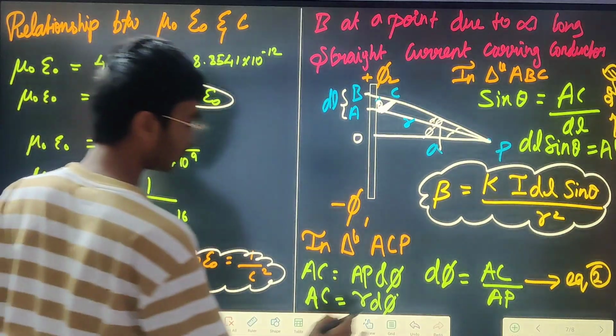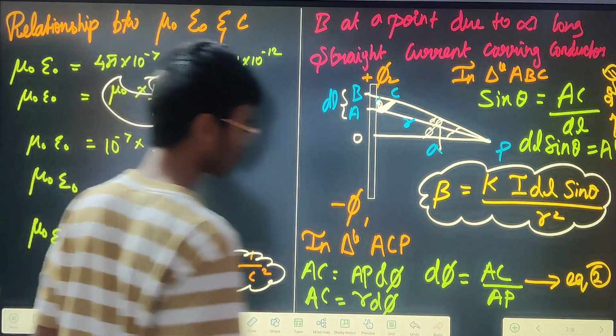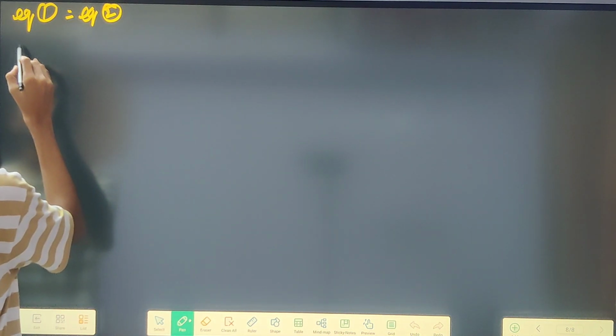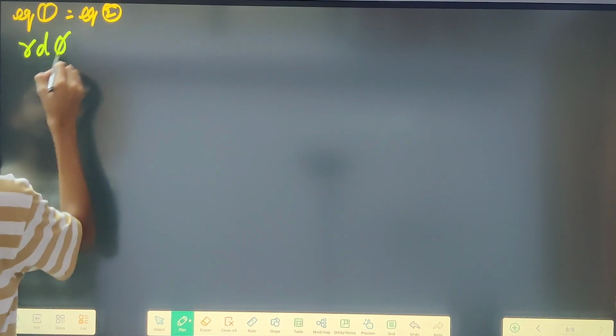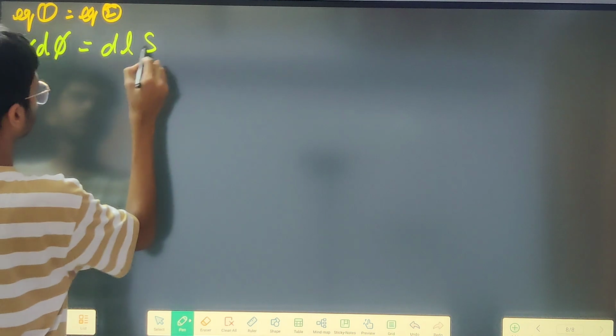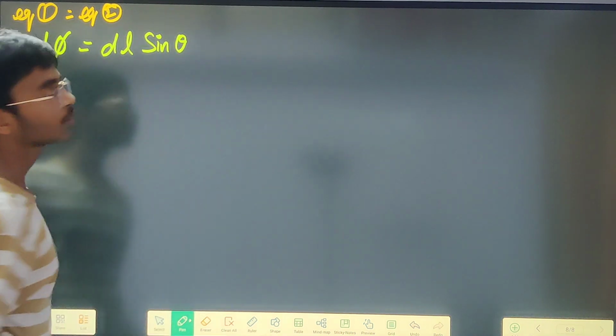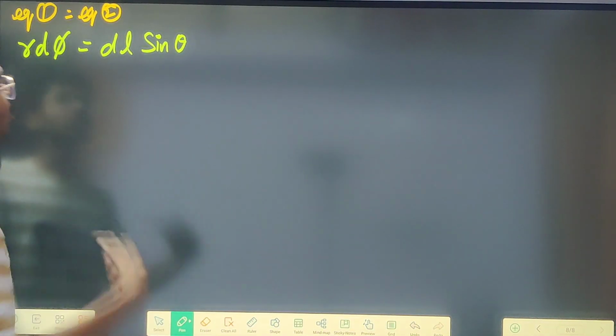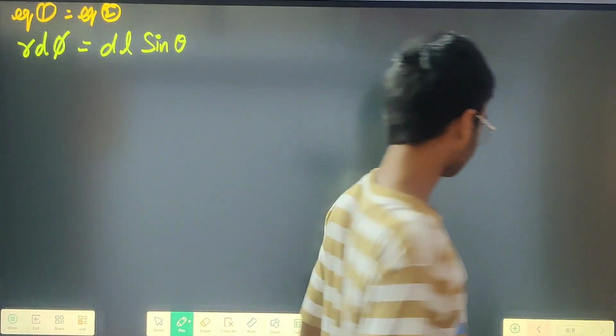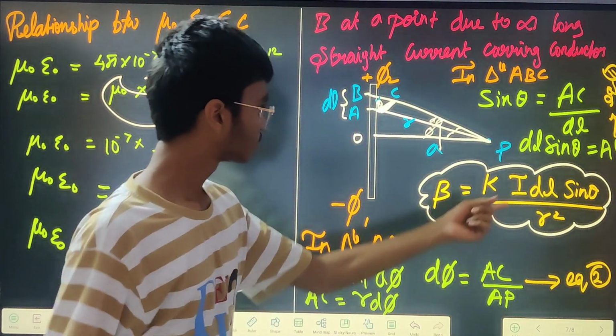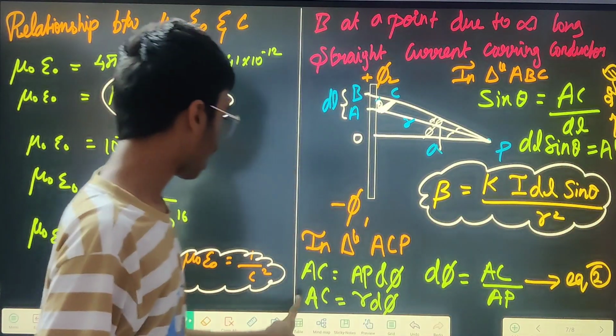So here I can write R into d phi is equal to dl sin theta. So dl sin theta is equal to R d phi.